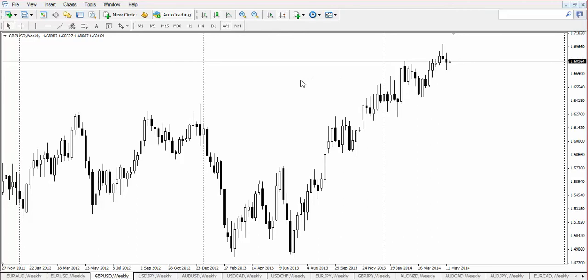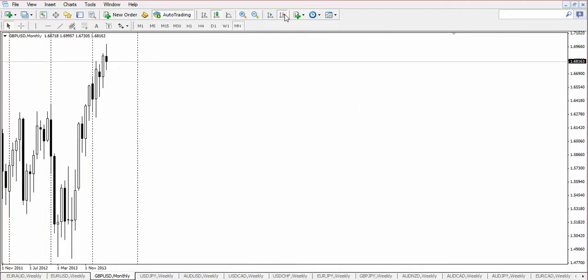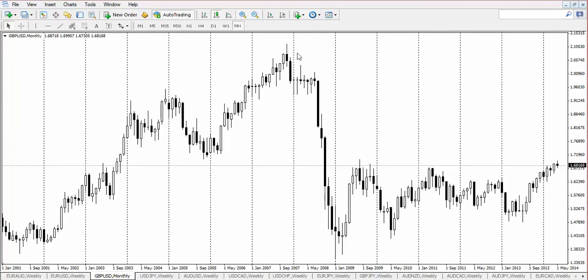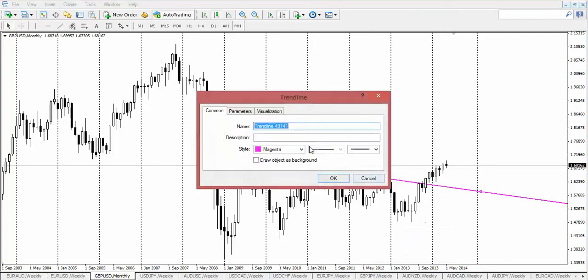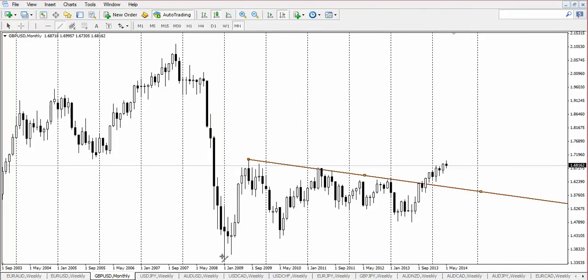Okay, so pound dollar. If we check the monthly chart, we can see that we broke out of this triangle several months ago now, and I see that there might be an opportunity to trade down to a retest of this triangle.